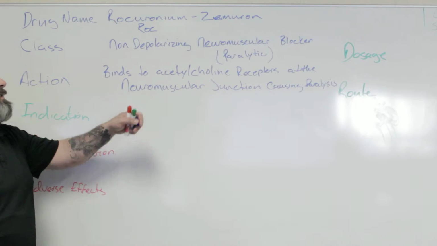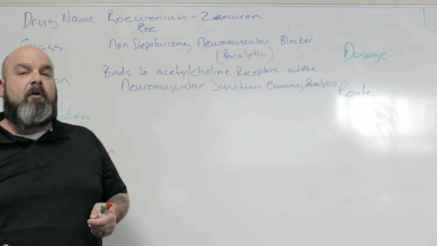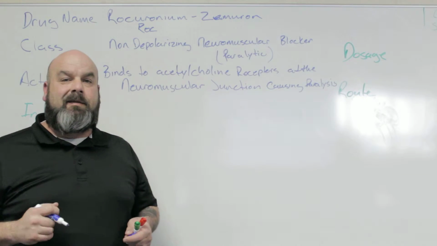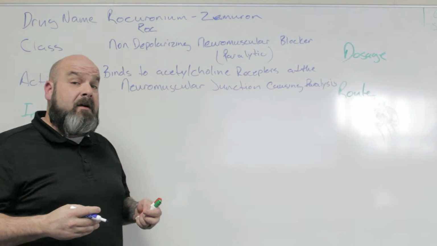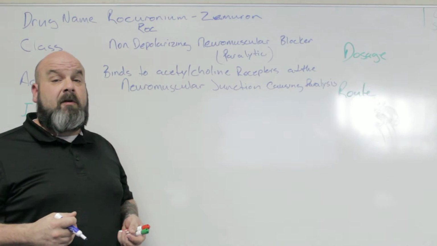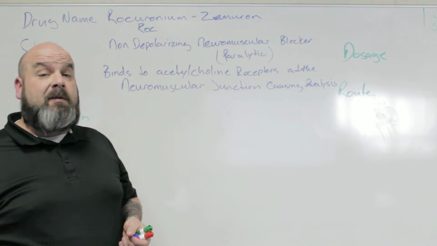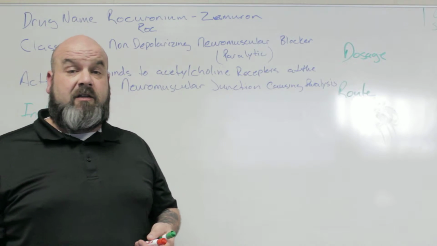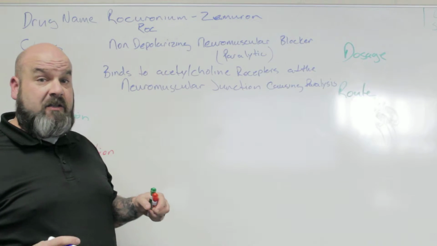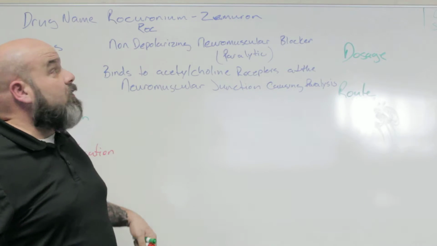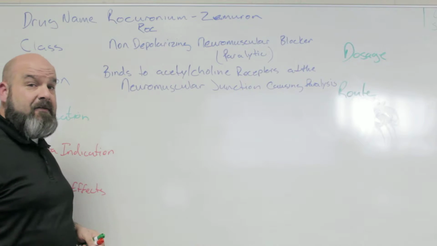Again, non-depolarizing, so it's just blocking the receptor, not allowing anything through, causing paralysis. So there are no fasciculations. Like succinylcholine is a depolarizing, has fasciculations or the muscle movements. Rocuronium does not have that.